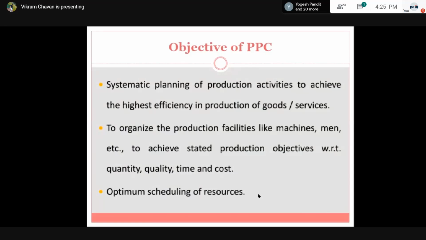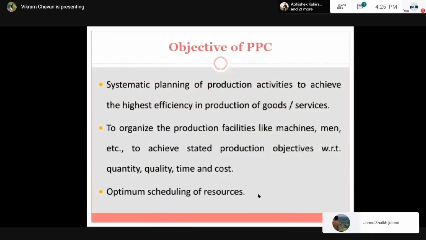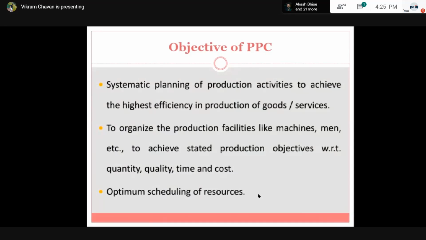So the ultimate goal of production planning and control is to increase the efficiency of that particular department or plant, or the production activities.